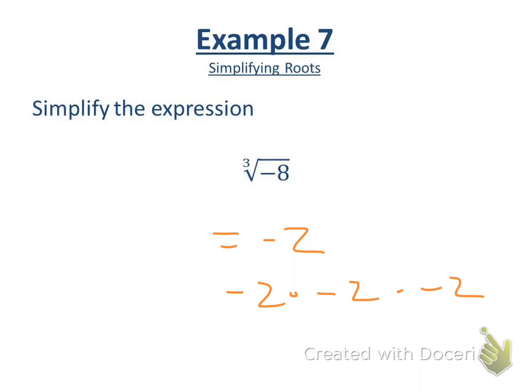Y'all listen to this rule. It's okay to take an odd index root of a negative number. We can take the cube root of a negative number, fifth root of a negative number, seventh root of a negative number, ninth root of a negative number. We cannot take the even root of a negative number because you can't take an even number of negative signs and get something that's negative. Because negative times negative is positive.